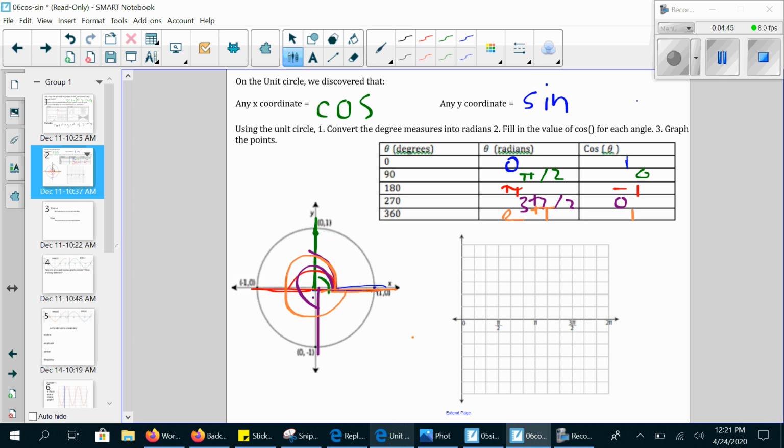So let's go ahead and graph that equation, y equals cosine x. If we're graphing the equation, think about where the x is in that. X is what we're taking the cosine of.